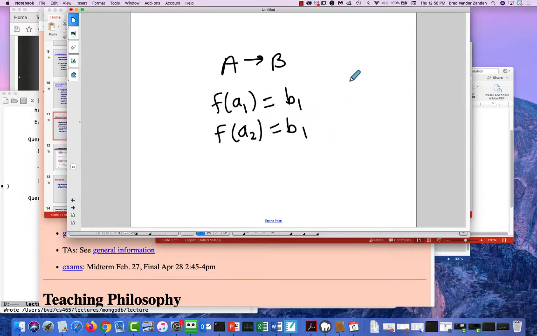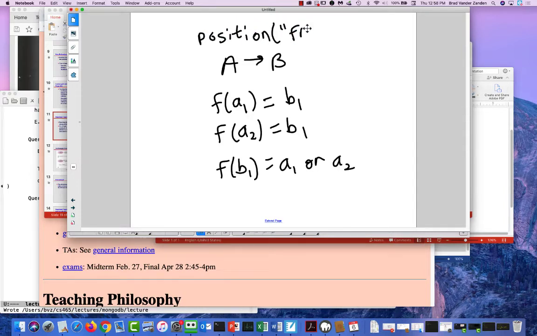Here, you can see the opposite is not true. F of B1 can equal A1 or A2. So that's not a unique value for B1. So it doesn't go the other way. Okay, so for example, if this is position, we might say that the position of Fred equals student, and the position of Mary also equals student.